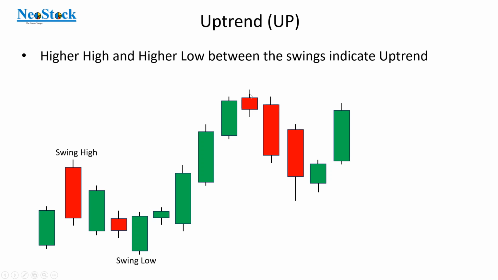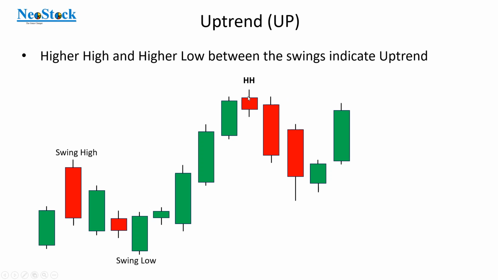This is the swing high. Now compare this swing high and this swing high. When you are comparing this present swing high and previous swing high, is the present swing high higher or lower? It is higher. Swing high is higher. That's why we have to say it is higher high. This swing high is higher high, HH.